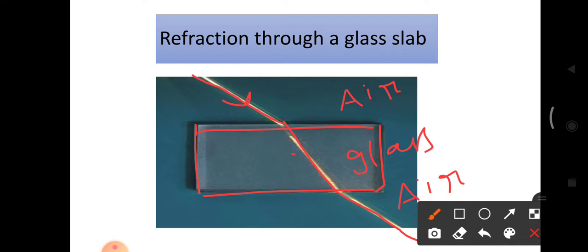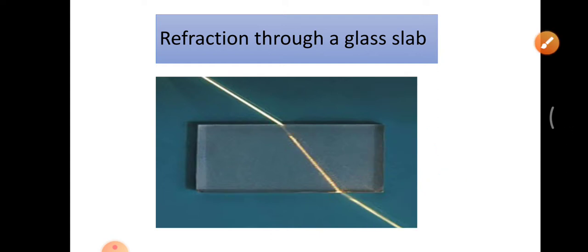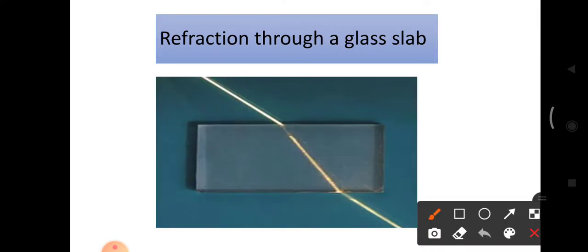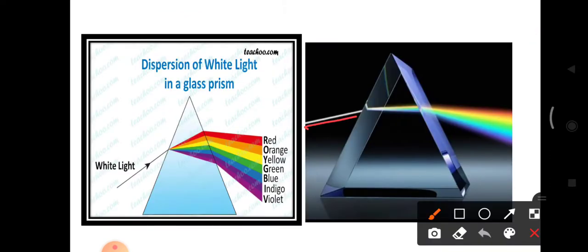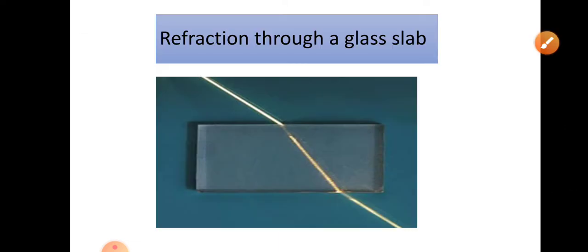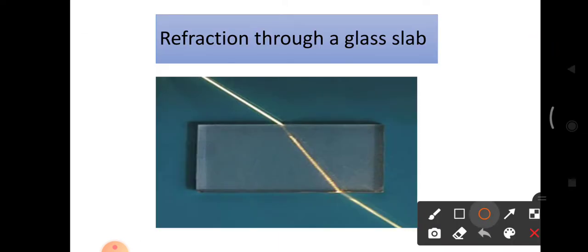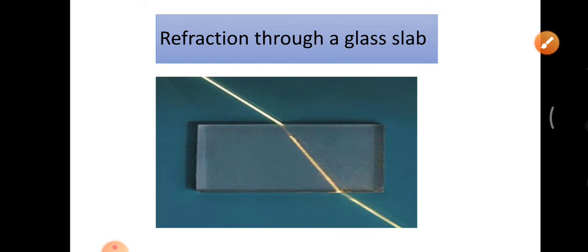This is the incident ray, this is the refracted ray, this is the emergent ray. But when the light passes through the glass slab, there is no dispersion like in a prism. See the prism: when the light passes through the prism, it is dispersed into 7 colors. But when the light passes through the glass slab, there is no dispersion.